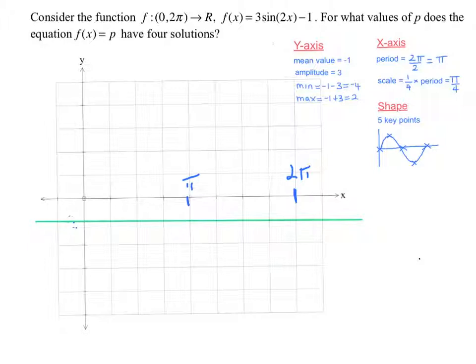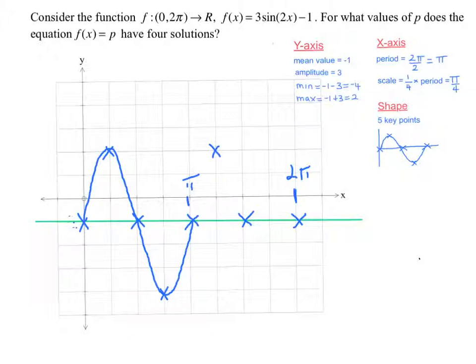So we start at the mean value, finish up at the mean value, halfway is at the mean value, 1/4 of the way goes to the top, 3/4 of the way at the bottom. So there's one cycle of your sine curve, and then you repeat all that for the second cycle. Mean value at the end and at the middle, 1/4 of the way at the maximum, 3/4 of the way at the minimum, and again there's the sine curve for the second cycle.